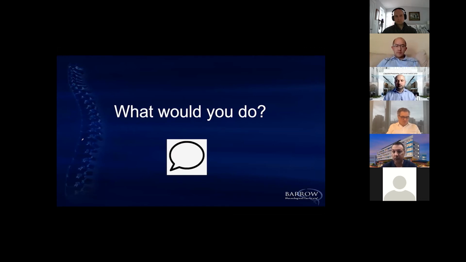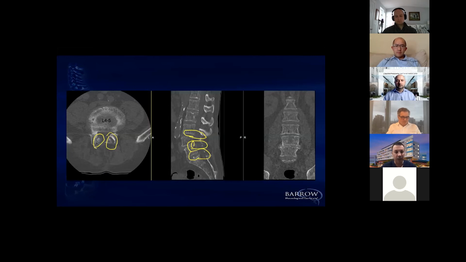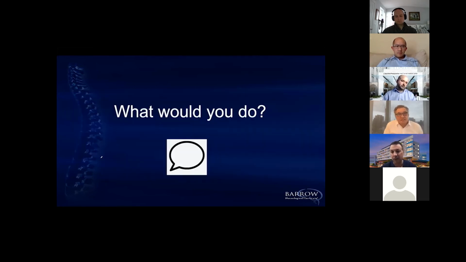For example, if I fuse 4-5 only and leave 3-4 and 5-1 alone, this patient is going to show up with really bad proximal and distal failures in the future, because the levels are already degenerated. You saw that CT; what can you do with these facets? L5-S1, the lower level, is going to be a complicated one.